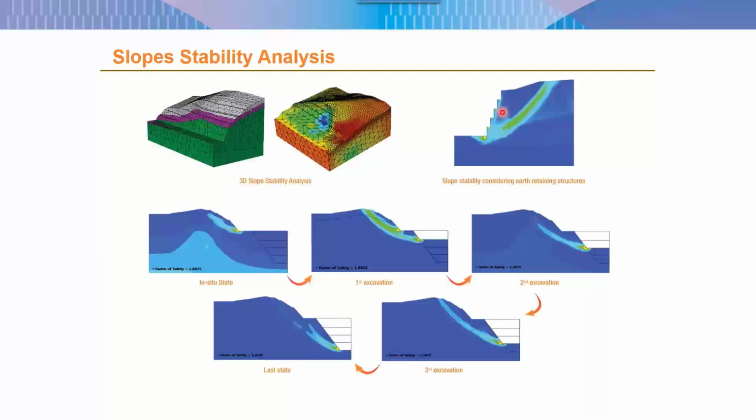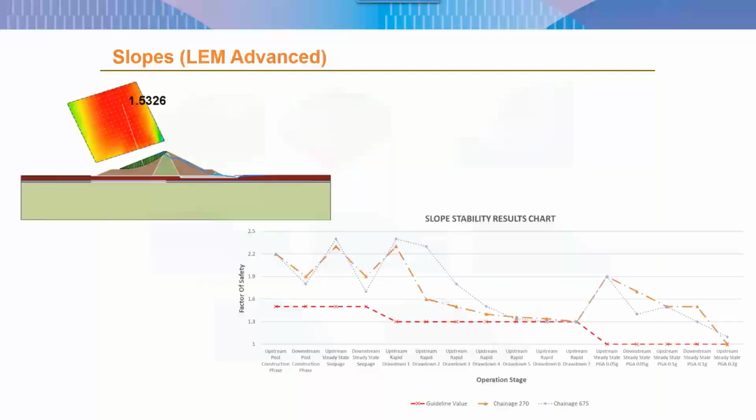Then the slope stability analysis, the SRM, strength reduction method. Then the LEM method. The chart you see here is the chart for your slope stability analysis using LEM for different operational conditions of an earthen dam.